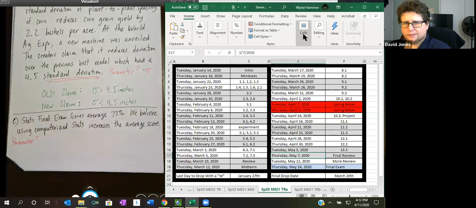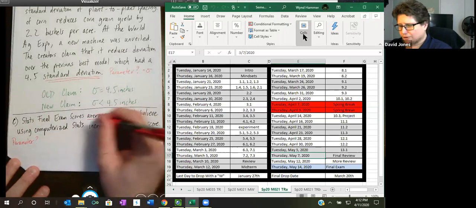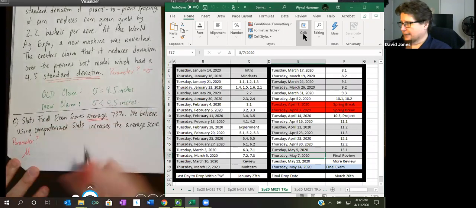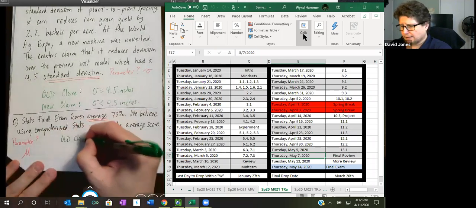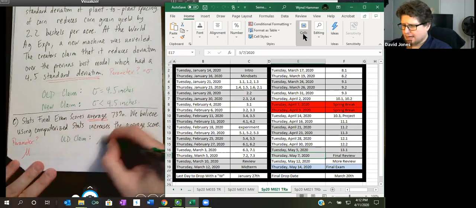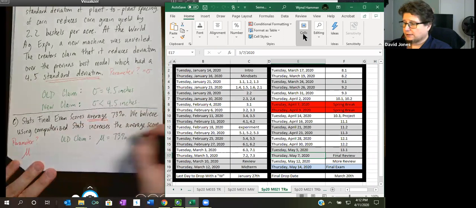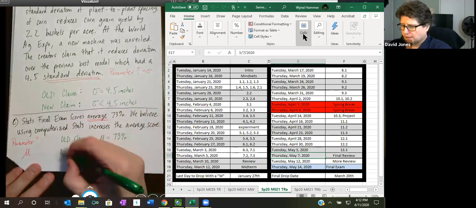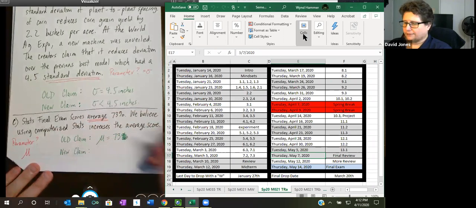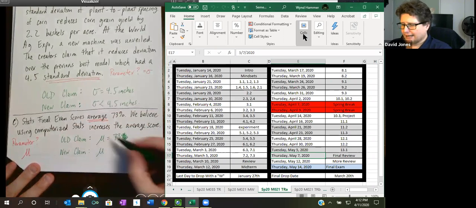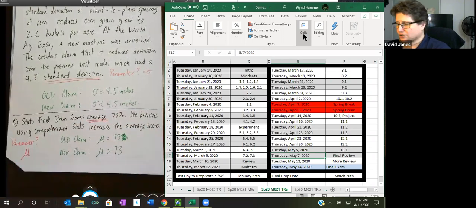This is where the percentage symbol might throw you off. You see average or mean or something like that, we're looking at mean. So the old claim was that the mean equaled 73%. The new claim, or just 73, we'll say 73. The new claim, it increased it, it has gone up. The average is no longer 73. So those are the three examples we're going to explore right now.